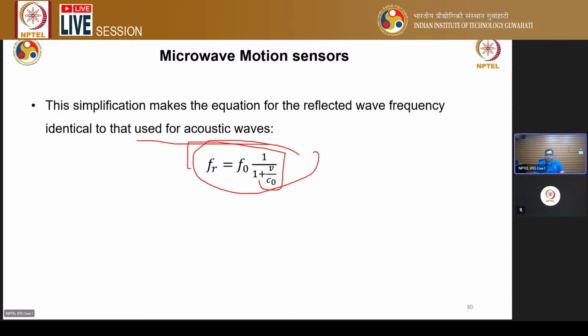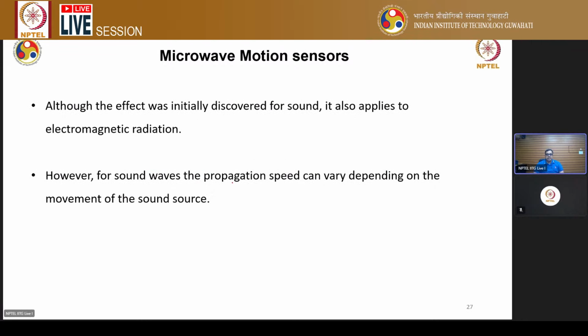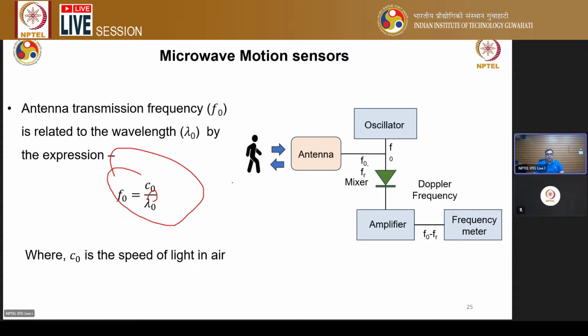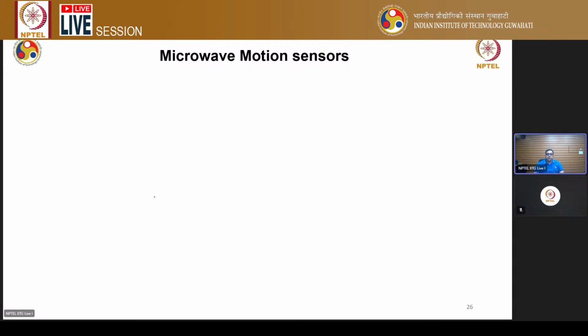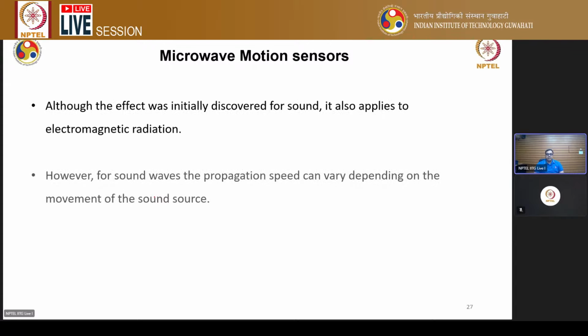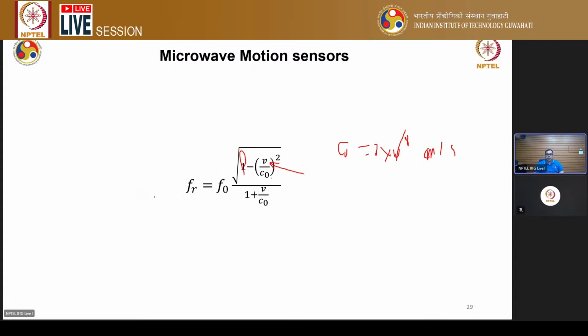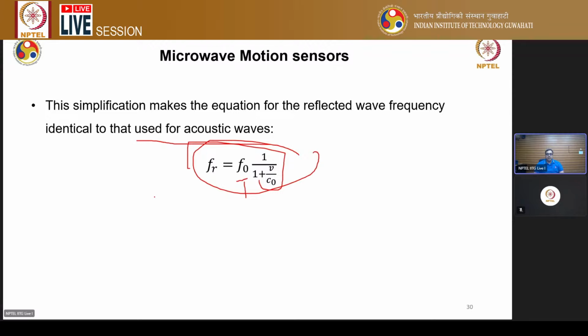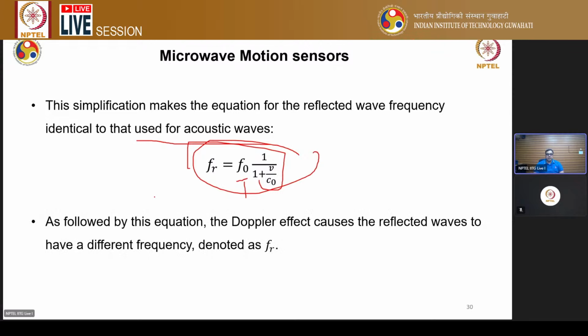If you use the f0 value as c0 by lambda naught, as we have seen some time back, you will essentially reach the Doppler's equation that we have utilized in case of acoustic sensors.